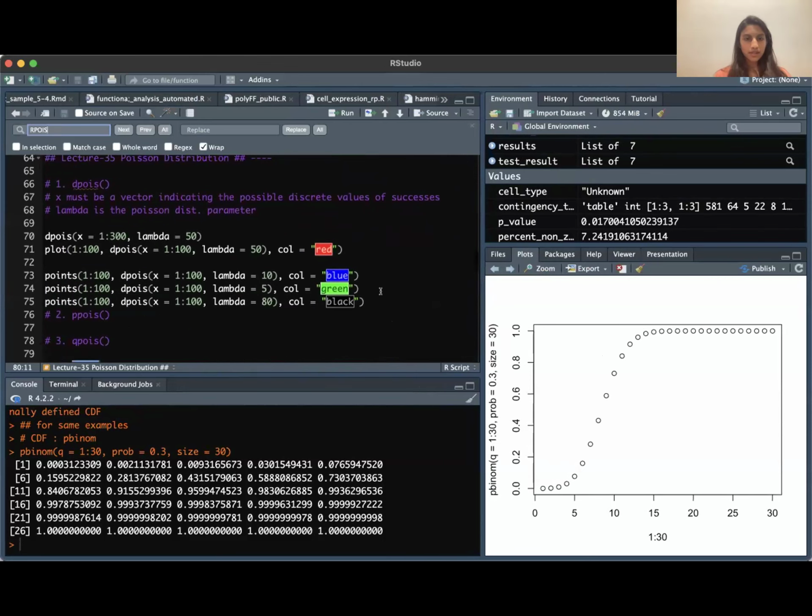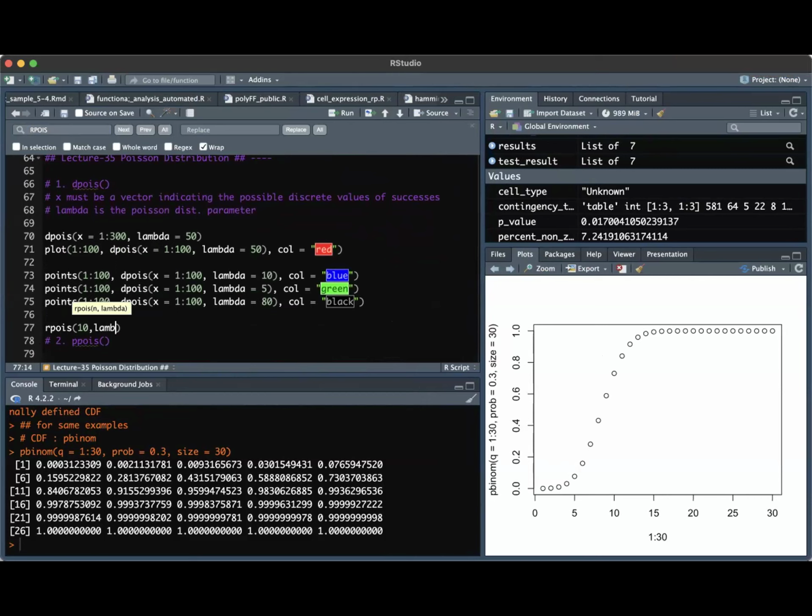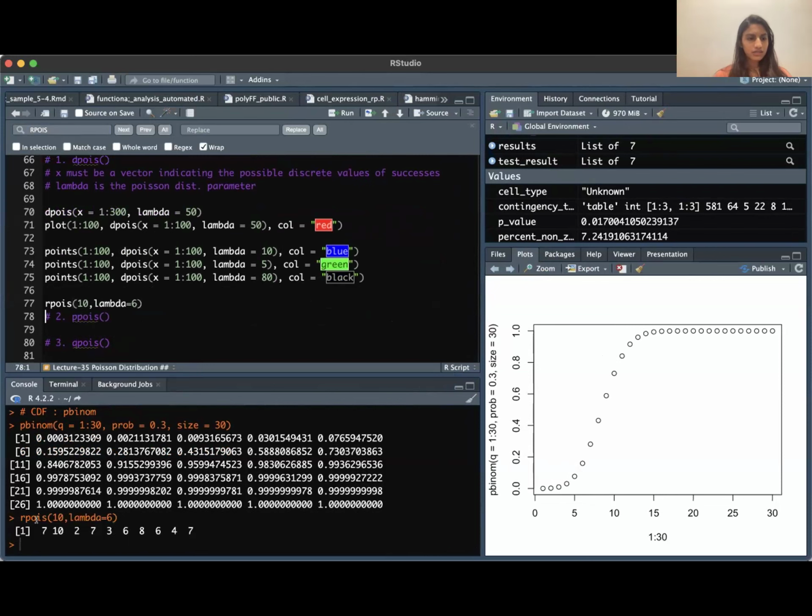Oh, you want me to plot that? rpois will just give you a random number. It generates random numbers: rpois(10, 6). Is this right? Okay. Yeah, so this basically gives you 10 random numbers from a Poisson distribution with lambda 6.